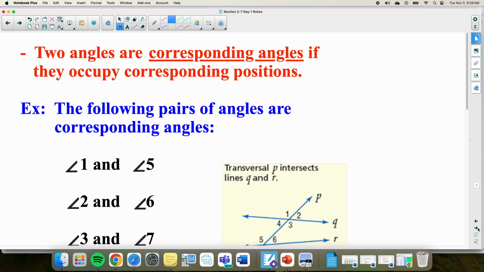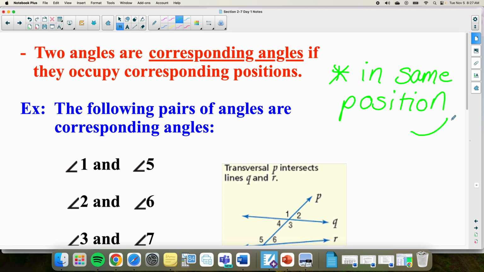Now is when we are going to talk about what are those 4 types, okay? The first one is called corresponding angles. And what I want you to write off to the side here, corresponding angles are in the same position. So when you think of corresponding, think of in the same position, okay?